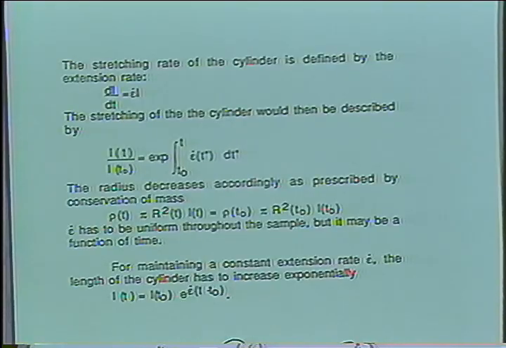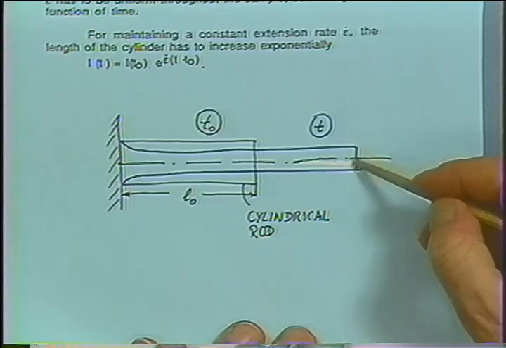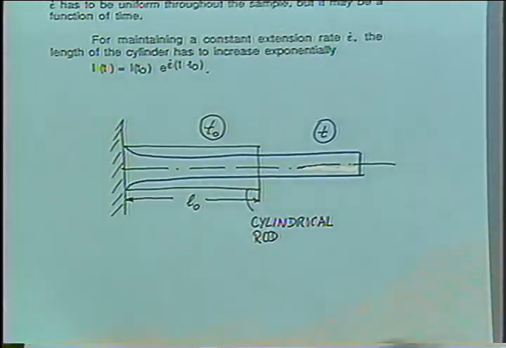If you hold on to this end here in a stretching experiment, and pull the fiber, then you have to pull faster and faster in an exponential fashion to be able to maintain a constant extension rate, because your instantaneous rate of stretching is always divided by the instantaneous length of that element.